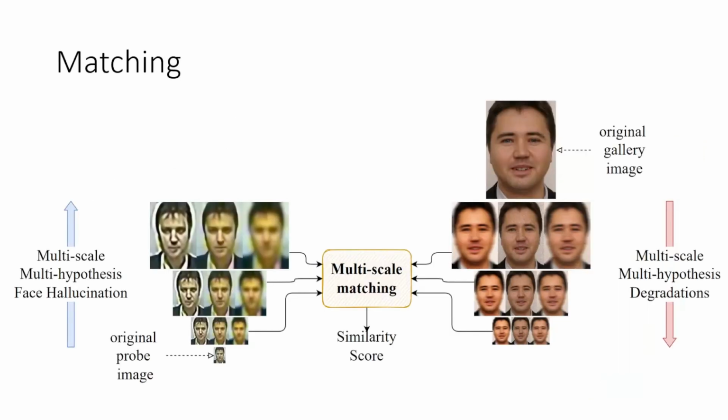So, given the sets of probe and gallery images generated with this process, the final step is to match the sets against each other and generate a score that represents similarity between a single probe image and a single gallery image.